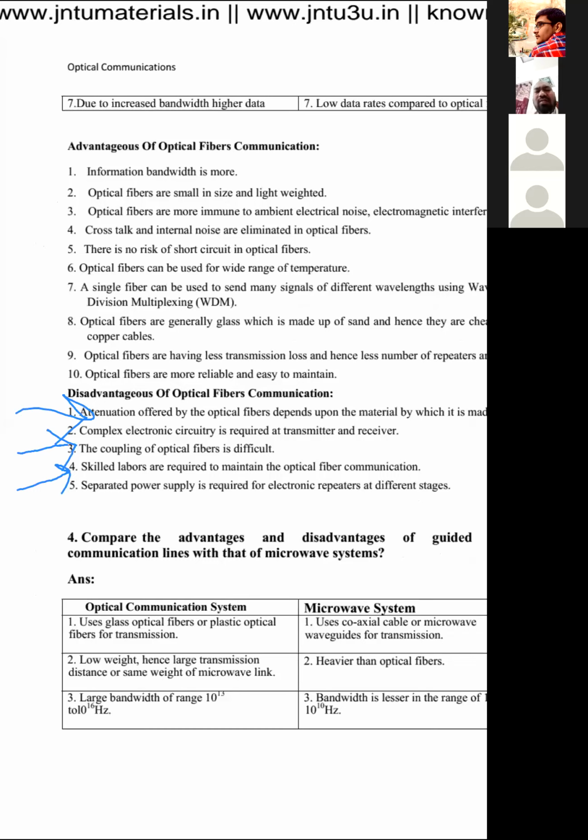In order to reduce the noise, we have to place repeaters at regular intervals between the cables. I repeat, to cover a longer distance, we need to place repeaters every 10 kilometers or 20 kilometers, which is going to affect the cost of the entire system.